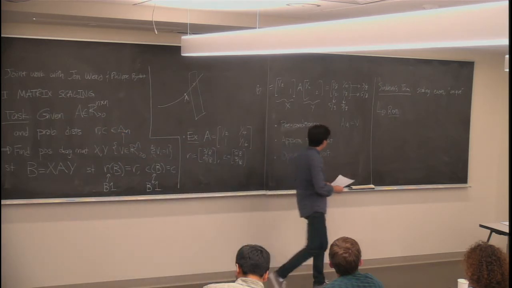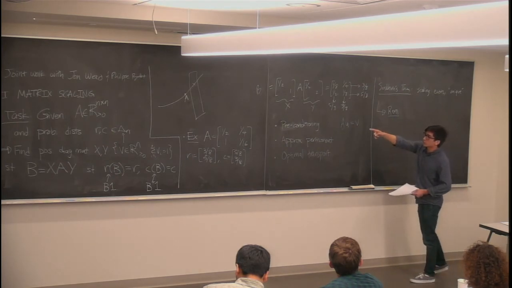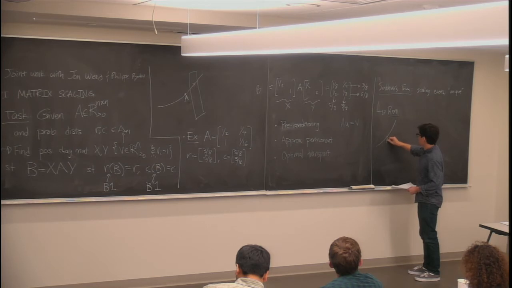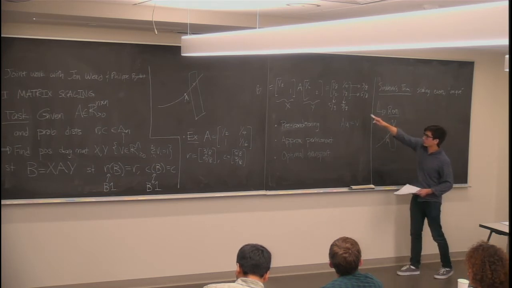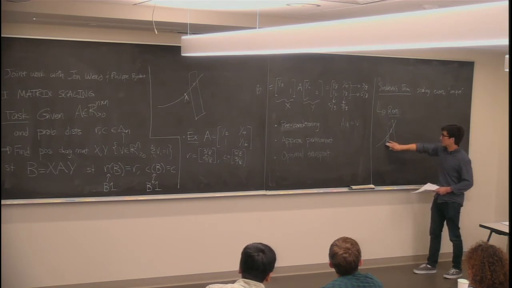And let me just quickly give some examples. So in this picture I drew here, you look at this orbit and you look at this subspace. In the example here you had an intersection, right? And this theorem says that if matrix A is strictly positive, you always have a picture like this.